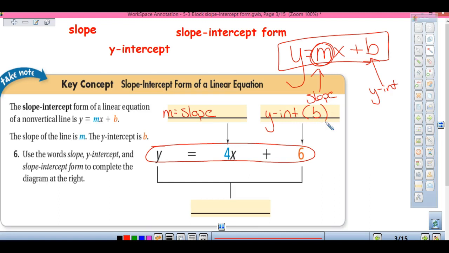And the whole thing, y equals 4x plus 6, we call what kind of form? Slope-intercept form. Because next week we're going to talk about point slope form and standard form. There are going to be some different forms of a line, but I think the most important form of a line is slope-intercept: y equals mx plus b.